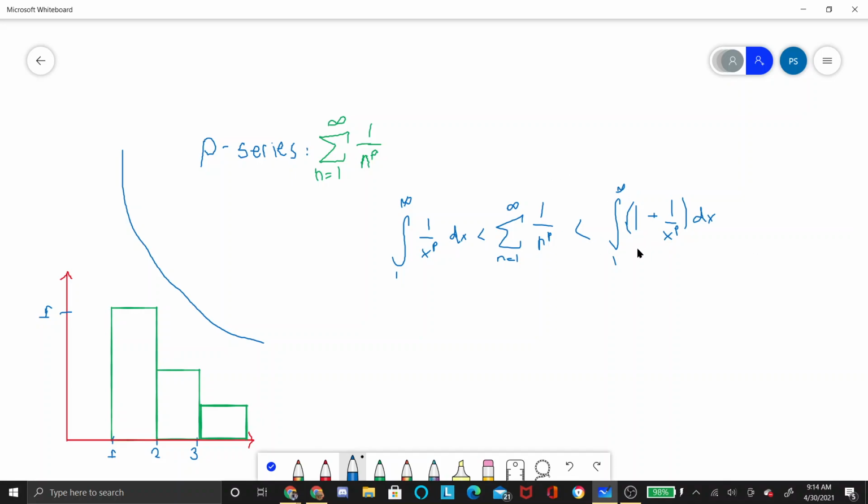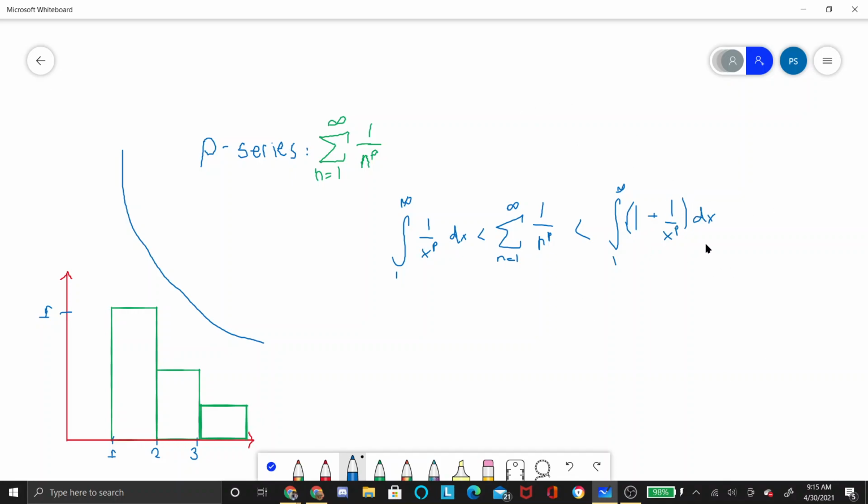Now we can do even more here, because if we split this up into 1 plus 1 over x to the p, like the integral from 1 to infinity of 1 dx plus the integral from 1 to infinity of 1 over x to the p dx, well, we already know what the 1 would be. It's just a number, and that's always convergent.